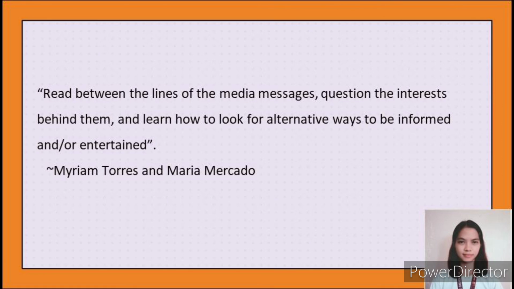Thus, teachers must demonstrate how the media and the internet can misinform and provide messages that are harmful if taken as fact.